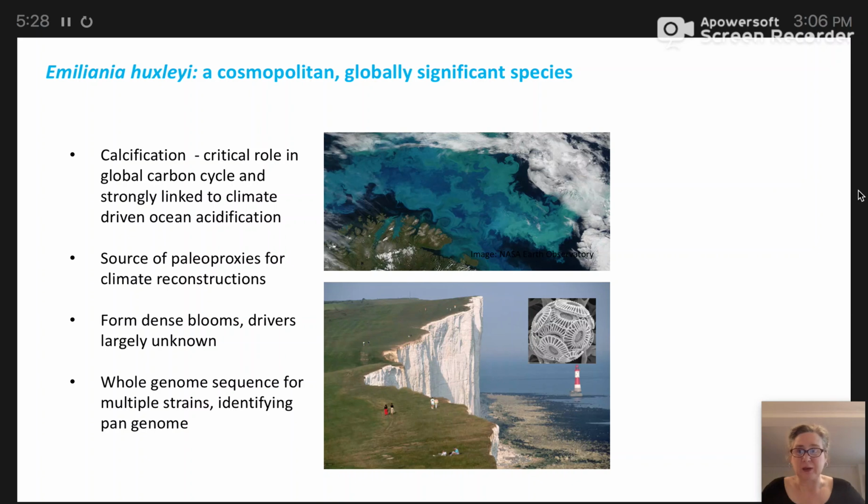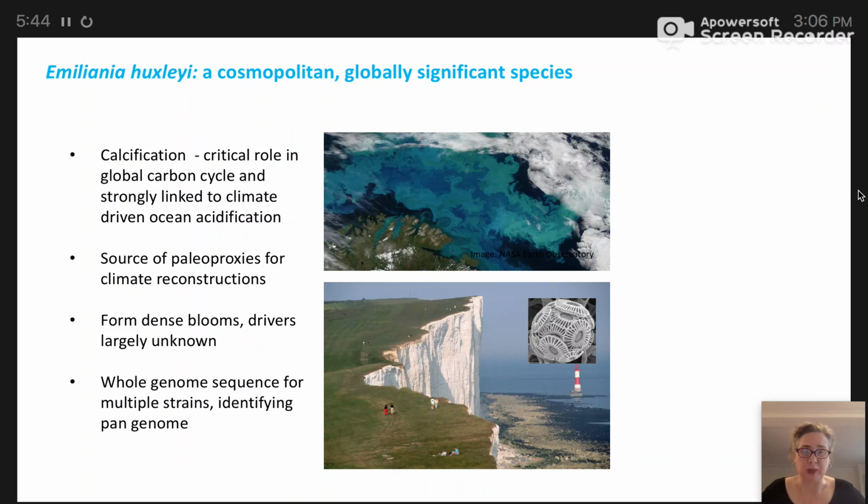That's because it's a calcifier or a coccolithophore, and as a result, it plays a critical role in the global carbon cycle and is strongly linked to climate-driven ocean acidification and future ocean scenarios.